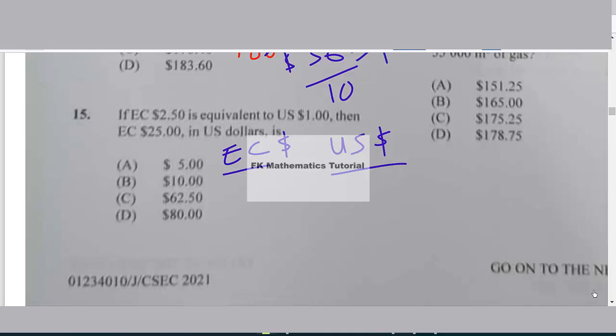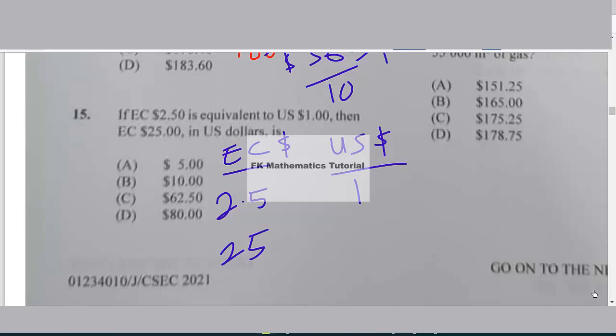We're told that for every $1 we have 2.5 EC dollars. Now we're to find the equivalent of 25 EC dollars.